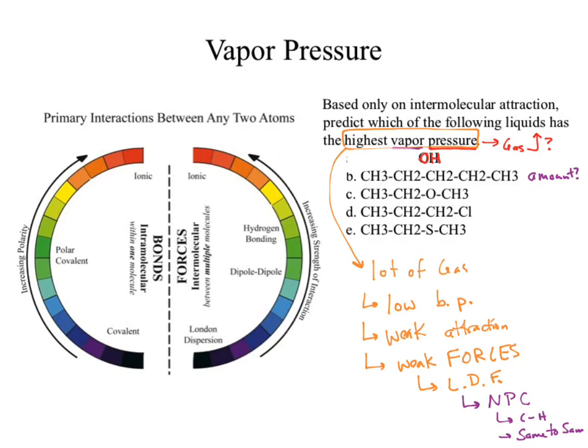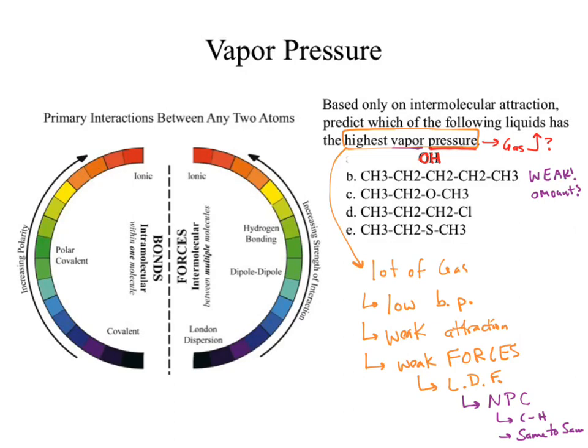So if my answer choices were between A and B, B is my answer because it has a weaker force. Okay? So B immediately gives me a weak force, which looks good. Okay? Nick's saying we got to worry about the amount, so we'll come back to that if need be.